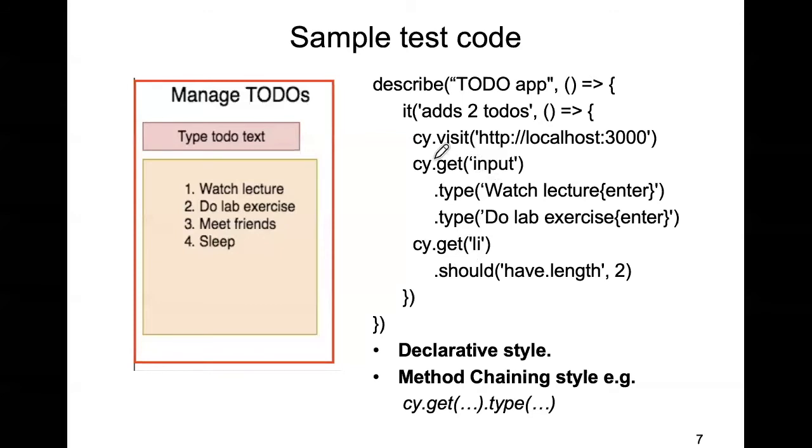Up here, same kind of idea. This expression returns what's called a subject, which is really a reference to some part of the DOM. And I'm invoking another method on that subject. The type returns the subject as well, and I'm invoking that on the same subject. So it's this kind of method chaining style.